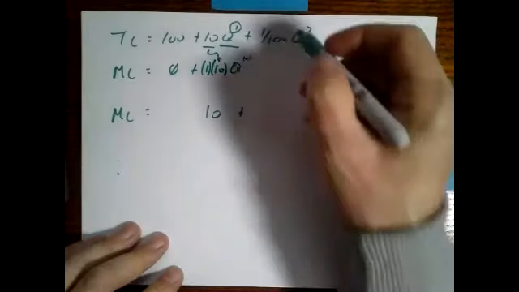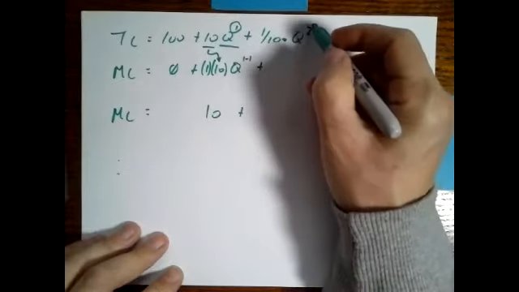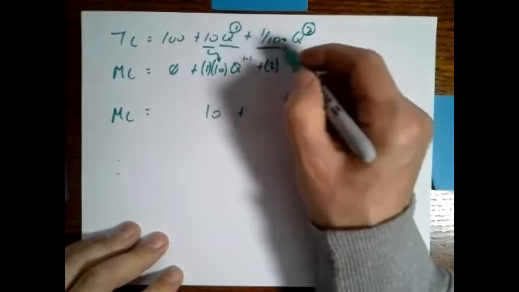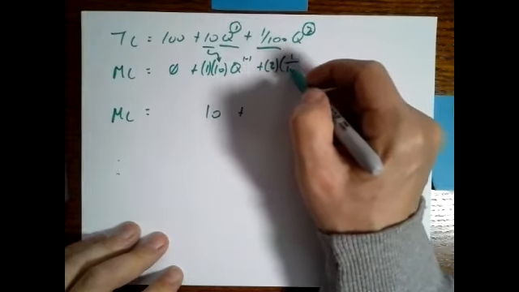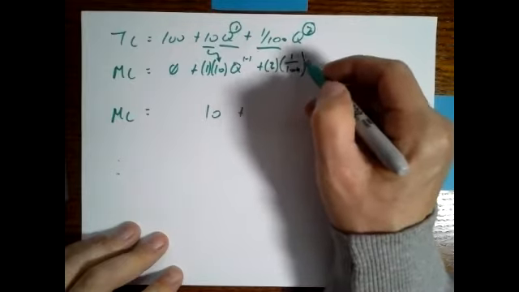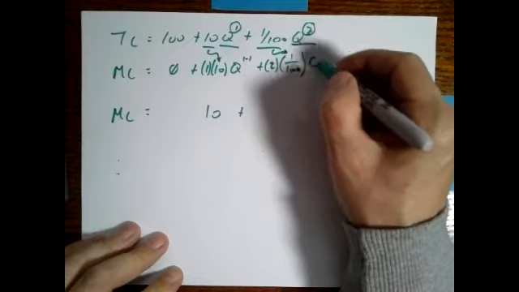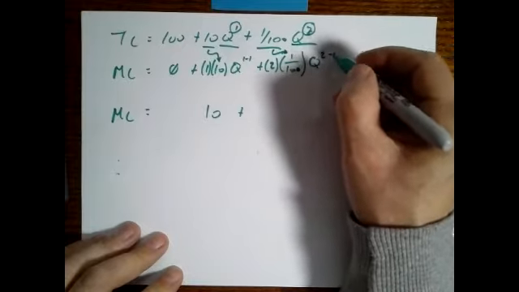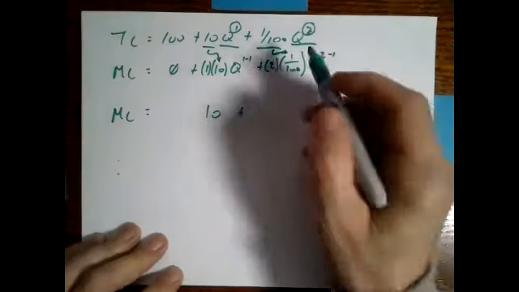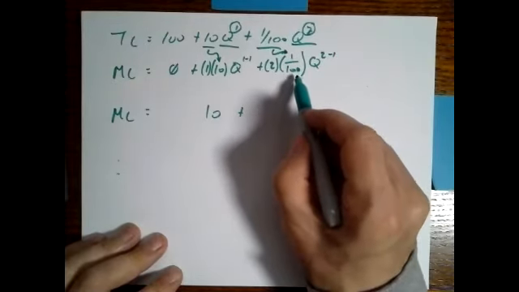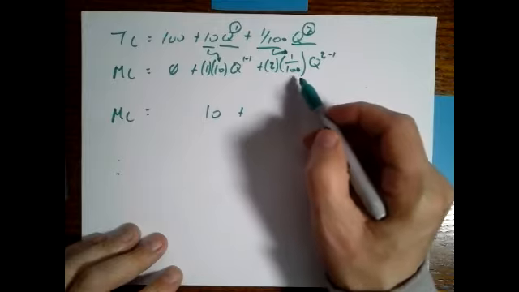And then we do the same thing over here. We take the 2, bring it down. Then we take the constant, bring that down, right? That goes here. Then we bring down the variable, Q squared, and we decrease its exponent by 1. So now we have 2 times 1 over 100, that's 2 over 100 or 1 over 50.